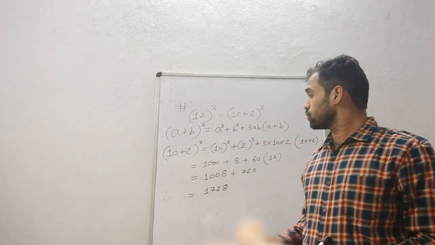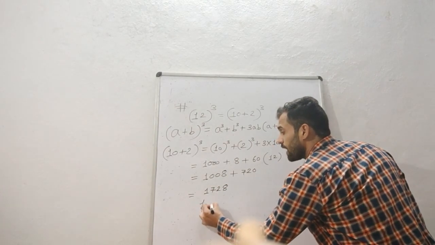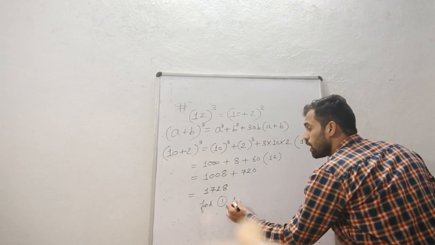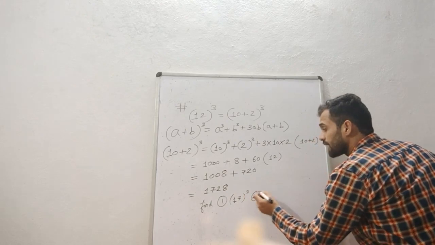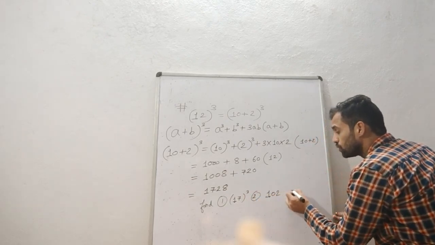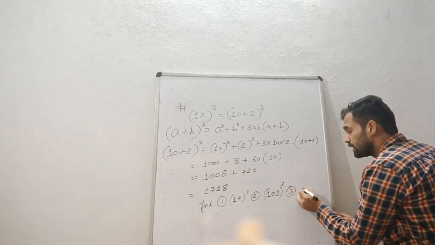Okay, so you try to solve these few sums I am giving you here. You can find them at home. First question, that is the cube of 17. Second, you can solve the cube of 102. You can also find the cube of 97.